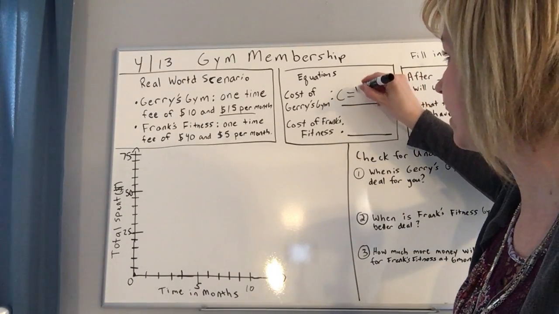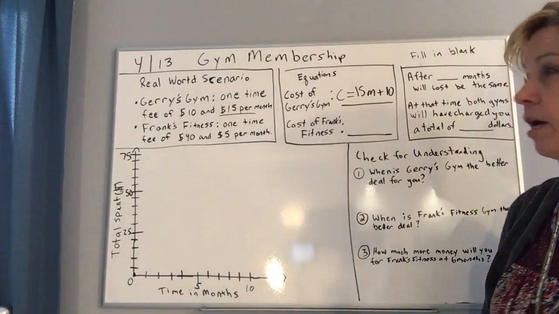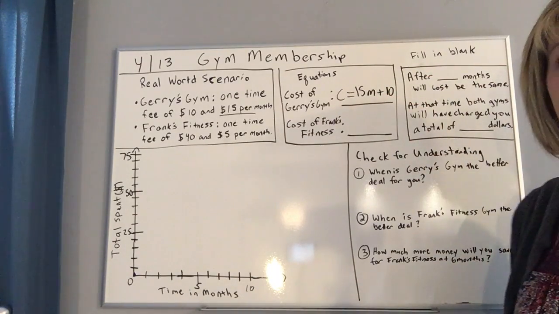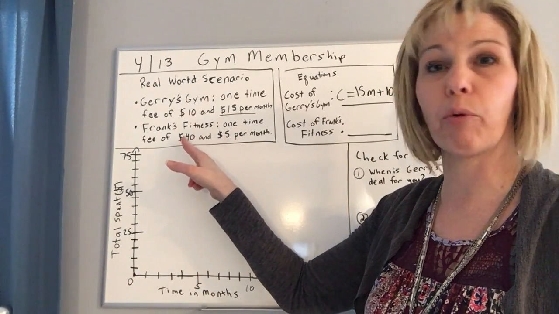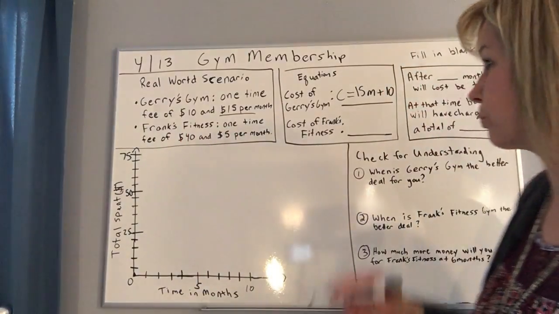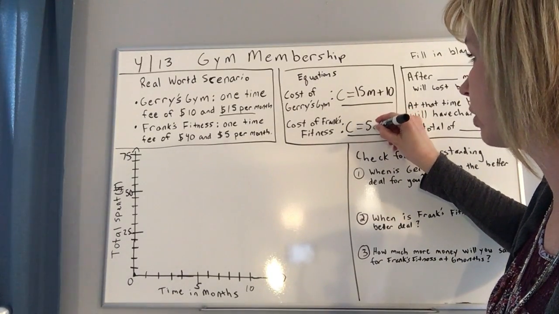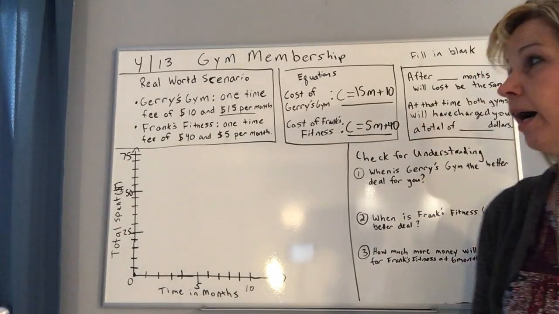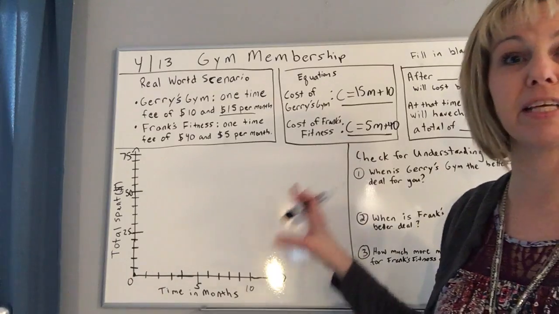So it should be $15 each month plus $10 for Jerry's. So C equals 15M plus 10. For Frank's, you have a one-time fee of $40 and then it's $5 per month. So cost equals $5 per month plus 40. After you've written these, don't answer the questions until you've graphed it and solved it.